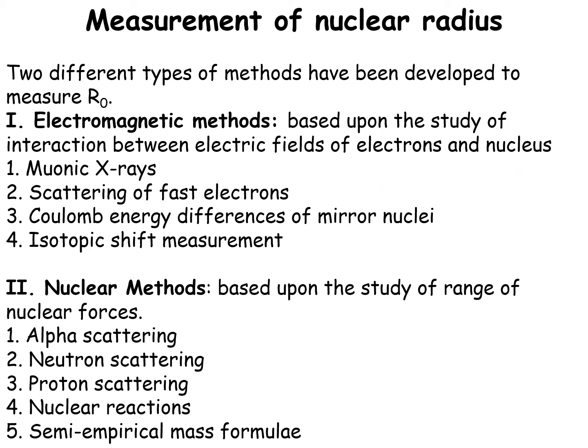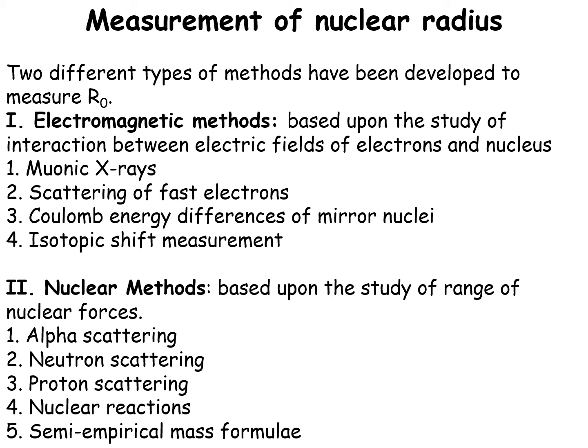Now these are the different methods of measurement of the nuclear radius. Two different types of methods have been developed to measure nuclear radius: electromagnetic methods and nuclear methods. Electromagnetic methods are based on the study of interaction between the electric field of electrons and the nucleus.